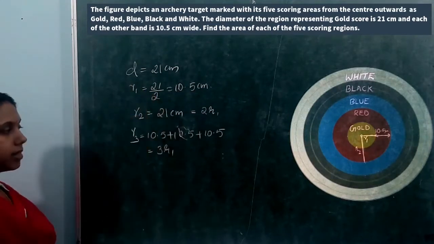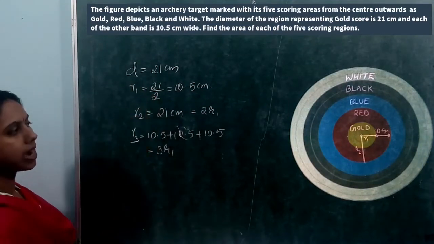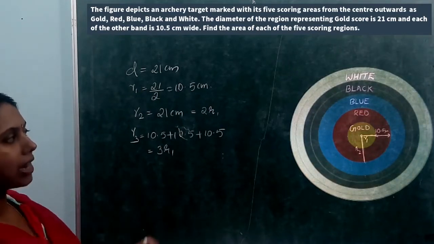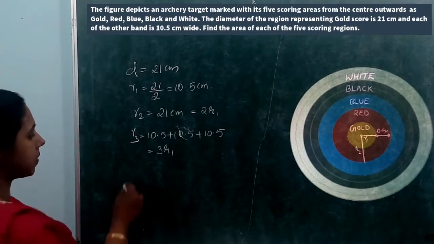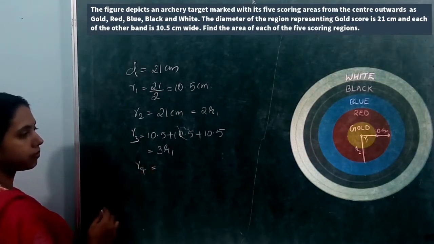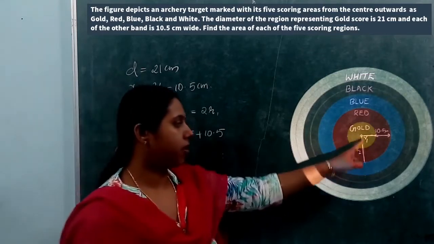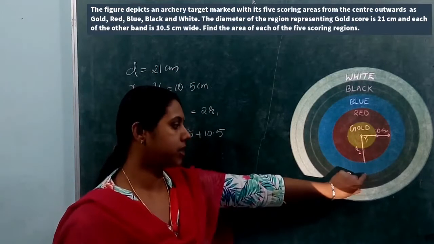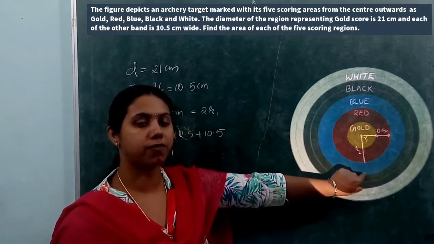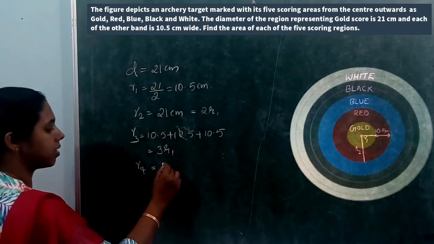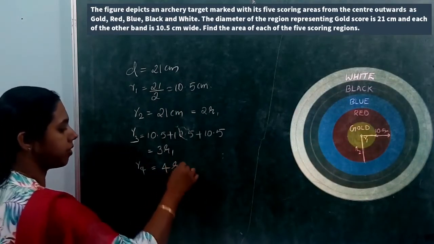And the next, the radius of the region gold, red, blue and black, that we can represent as R4. So R4 is equal to 10.5 plus 10.5 plus 10.5 plus 10.5, 4 times R1, so R4 is equal to 4 R1.